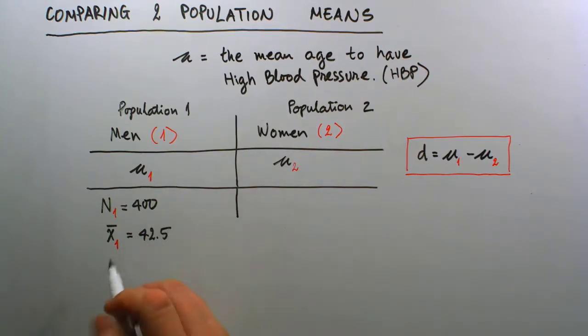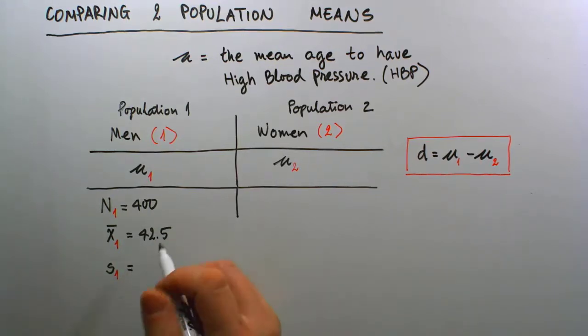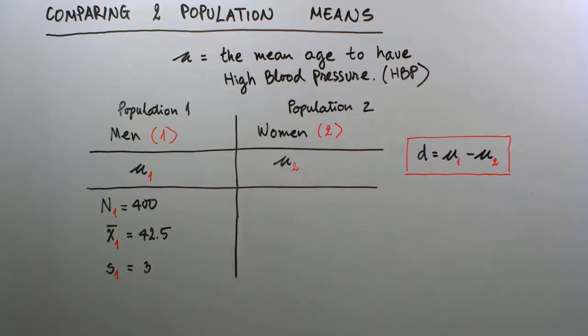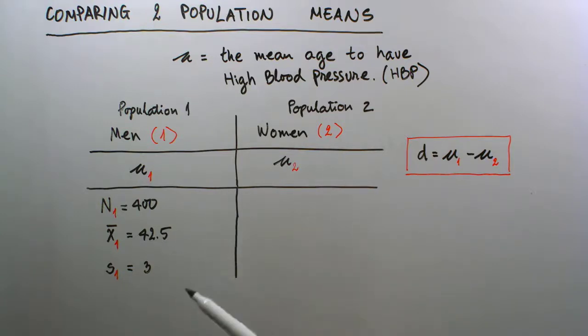The sample standard deviation is a lowercase s, but this time it came out from population 1, so we call it lowercase s1, and the value given here was 3. Again, as I said earlier, this data is not necessarily accurate, but it's still useful as a demonstration of what we are studying. At least it demonstrates the idea of what we can do, even if I'm not sure whether my data are correct or accurate.